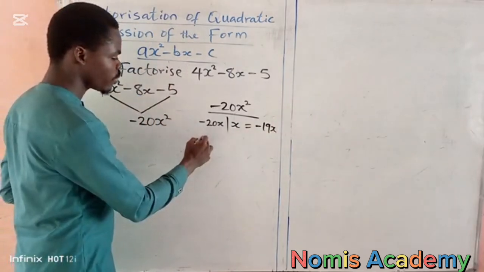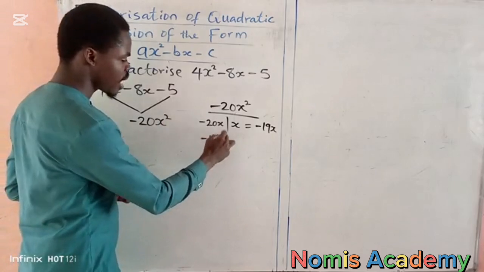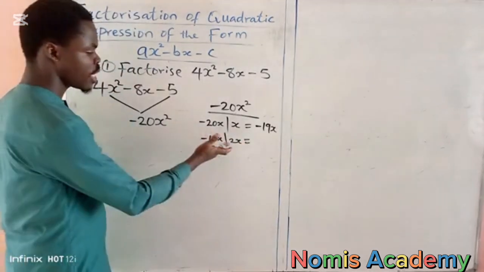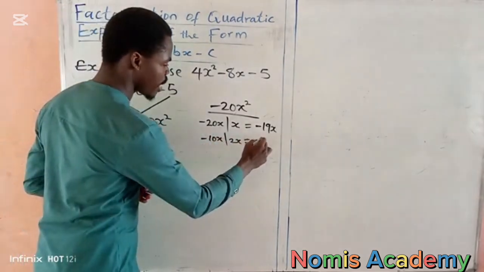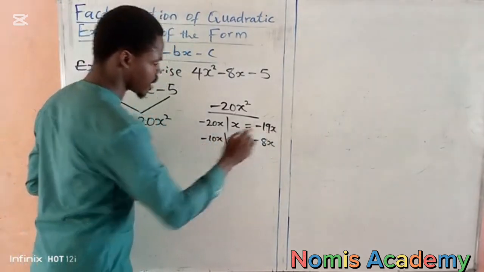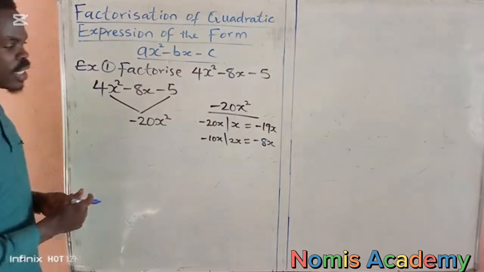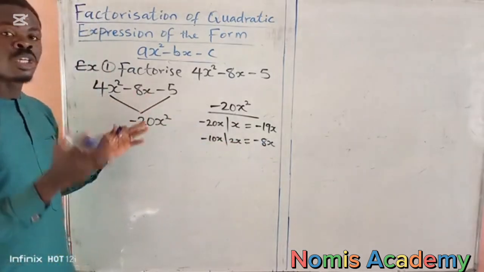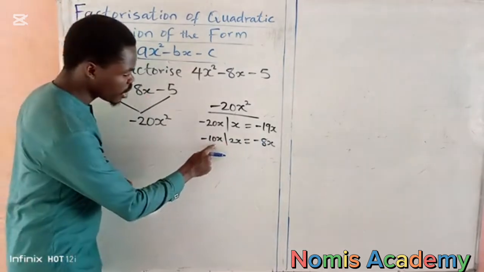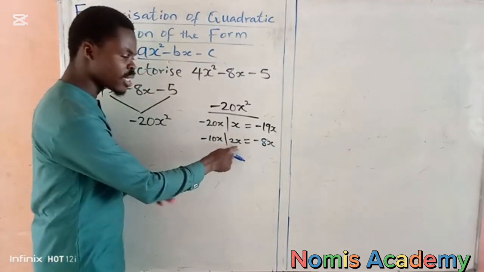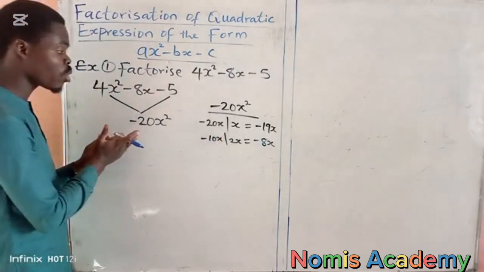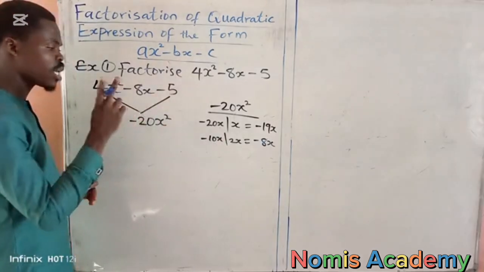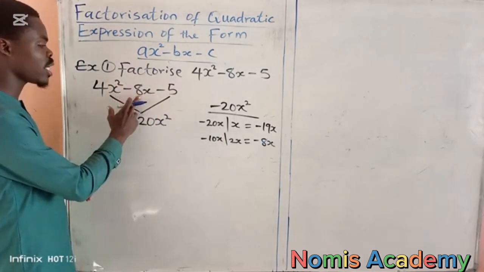We can also look for minus 10x and 2x, and this will sum up to minus 8x. And this is exactly what we are looking for. So you can see that minus 10x and 2x are the required factors whose product is minus 20x squared and whose sum is minus 8x.